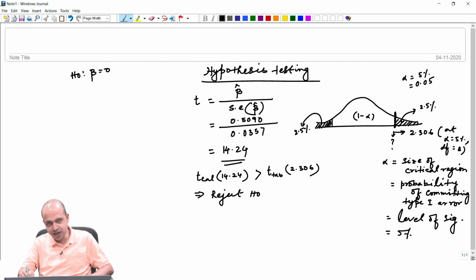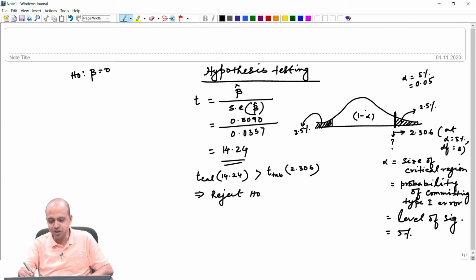If you reduce the size, then it would be difficult for the calculated value to enter into the critical region. So, once the variable is significant at a specified level, it will be automatically significant at a higher level of significance also. A variable which is significant at 5% is definitely significant at 10%. But if the variable is significant at 5%, it may or may not be significant at 1%. That we have to again check. That you have to keep in mind.